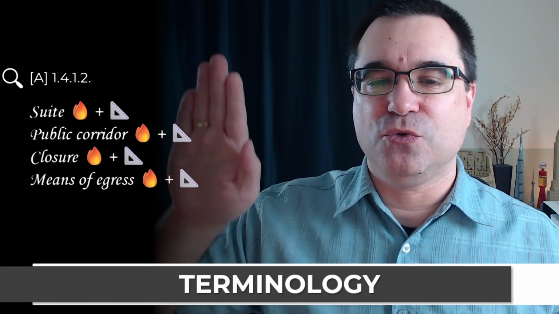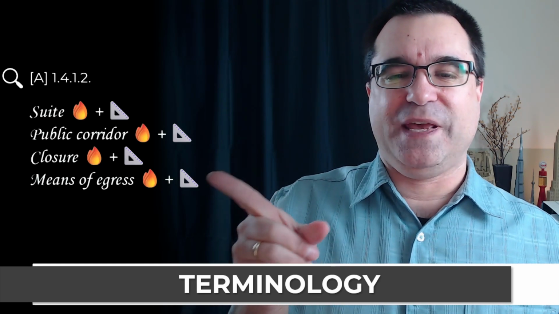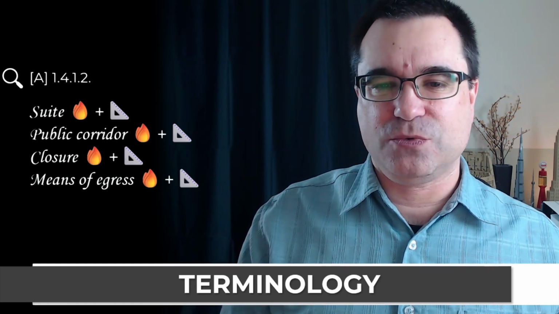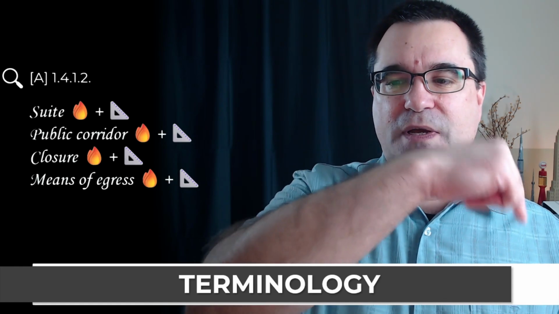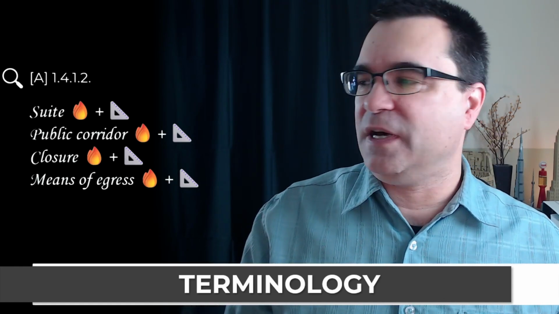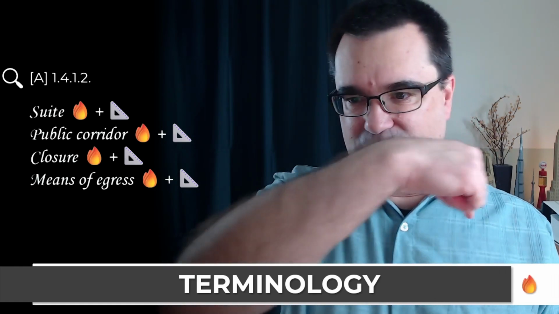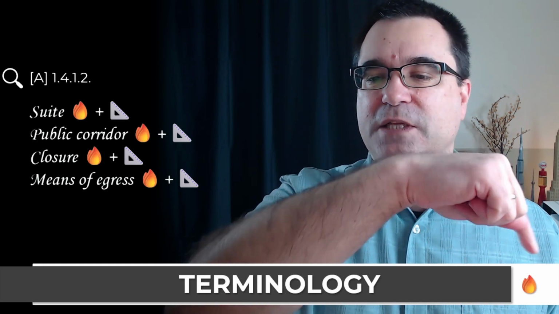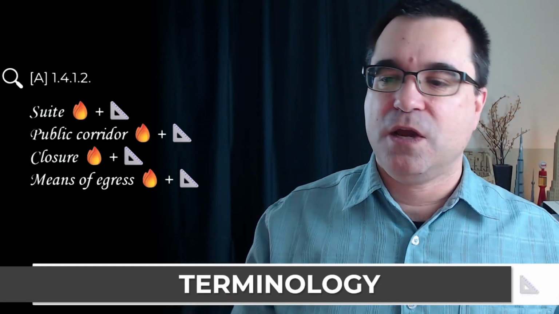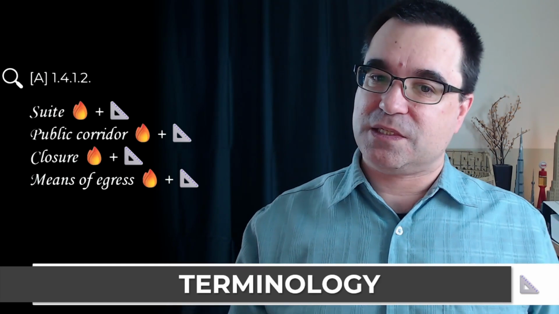Did you also notice how some of these words have images next to them, like a flame and a ruler? That's because here in the bottom corner of your screen, there's either going to be a flame like this, or a ruler like this.